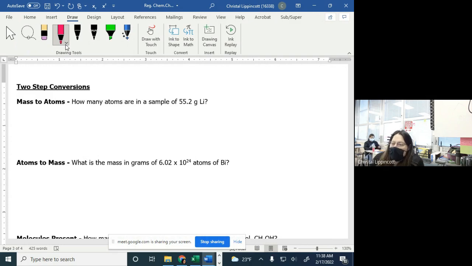Okay. So we are going to be converting. We've got our atoms here, or we're trying to figure out the number of atoms.